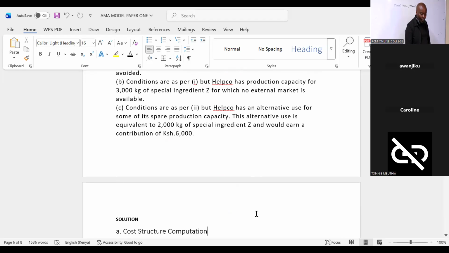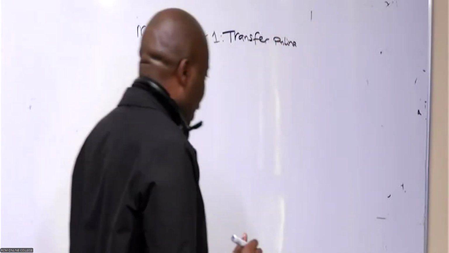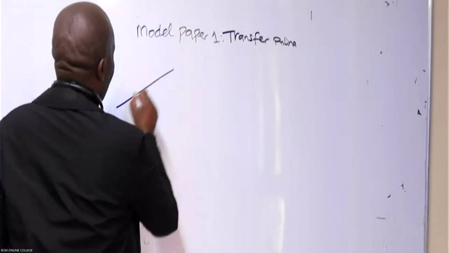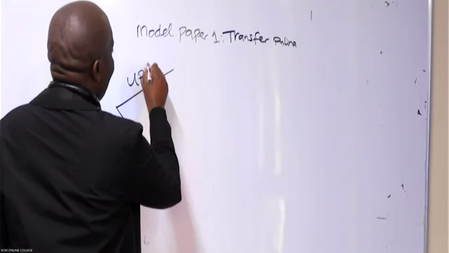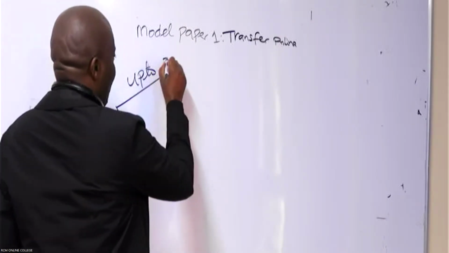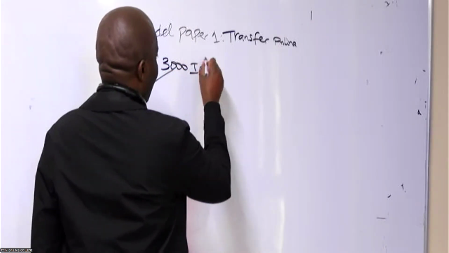So we have two scenarios here. The first scenario is where we are told that we have up to how many? Is it 3,000? 3,000 idle capacity, or 2,000?